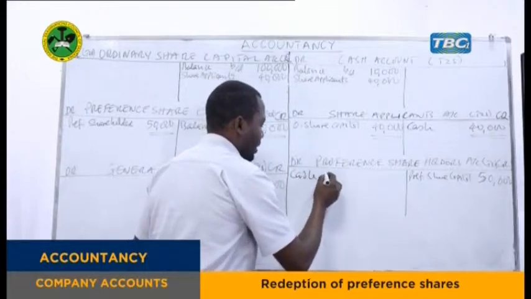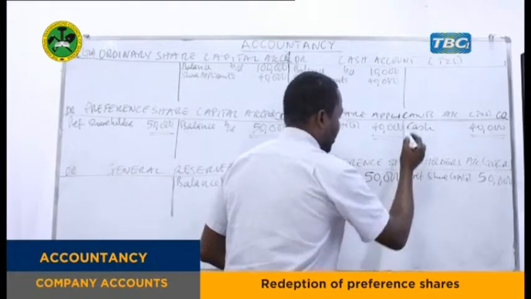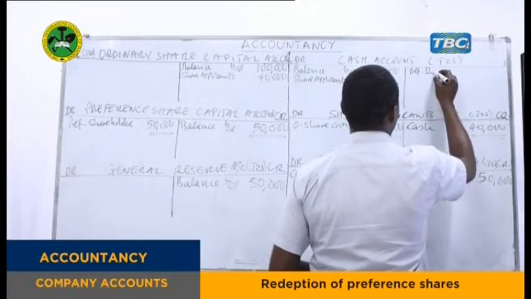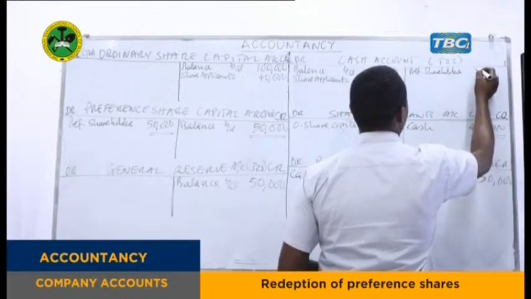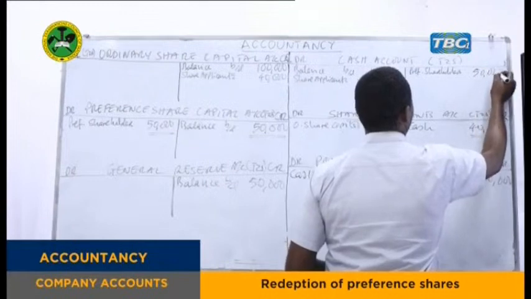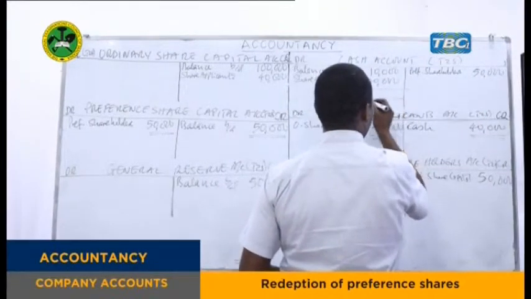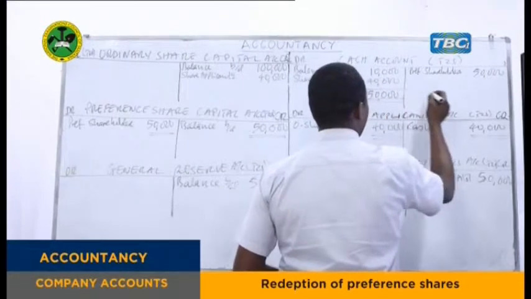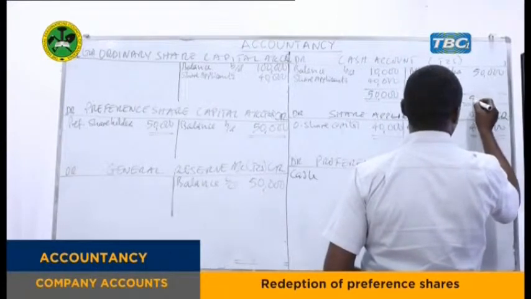So we pay by cash 50,000. So preference shareholders, we pay them 50,000. If we pay them 50,000, automatically this account remains with zero balance.